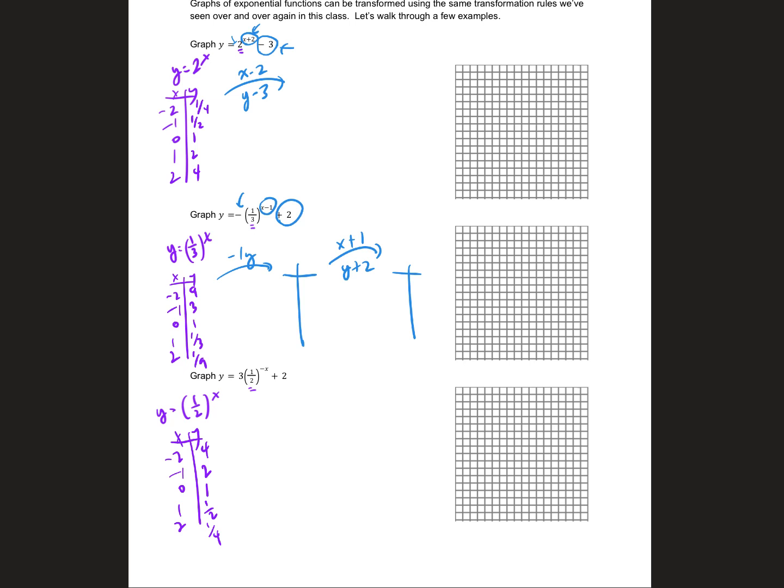This last one, I'm multiplying by 3 on the outside, and I'm multiplying the x by -1. So I divide the x by -1, which is the same thing as multiplying it by -1, and I multiply the y's by 3. And then I'd add 2 to the y's.